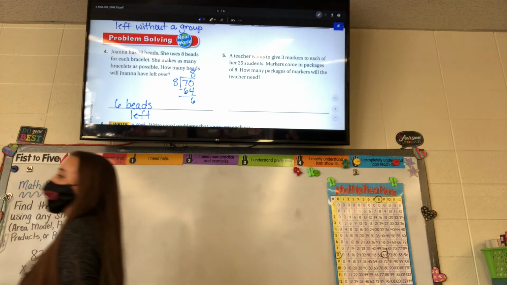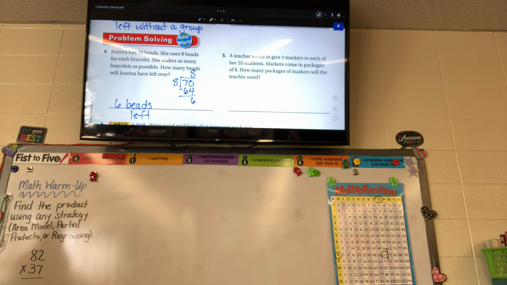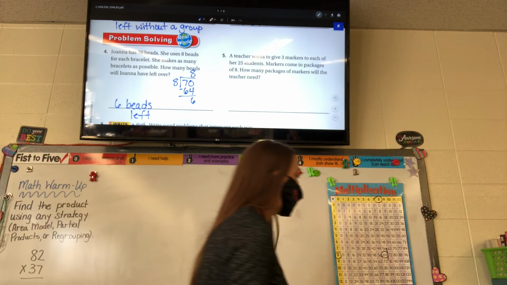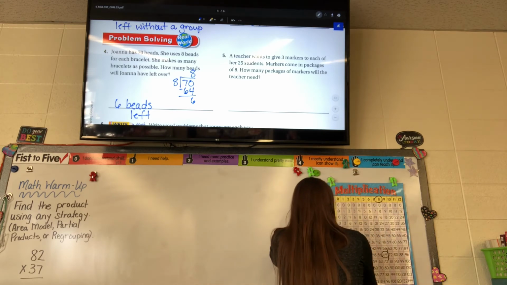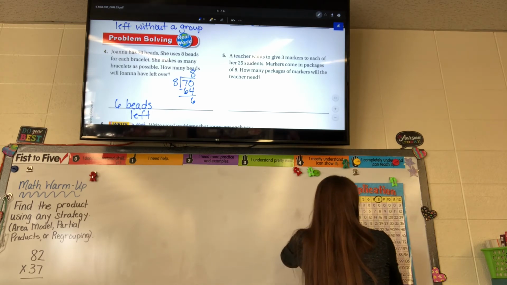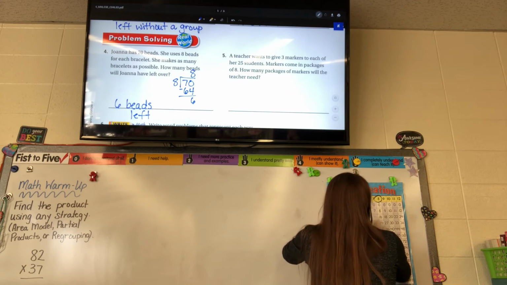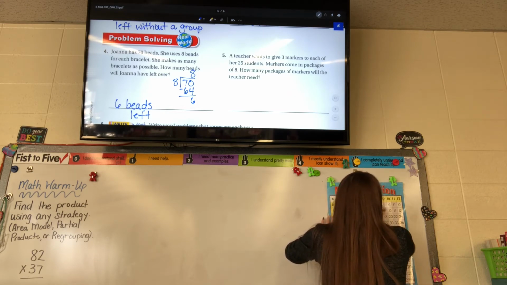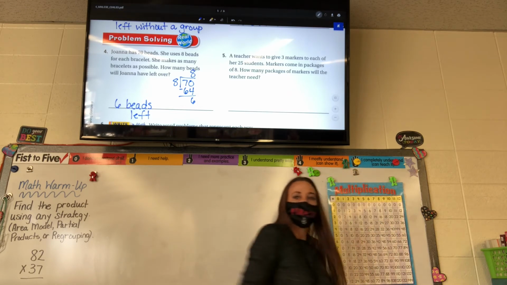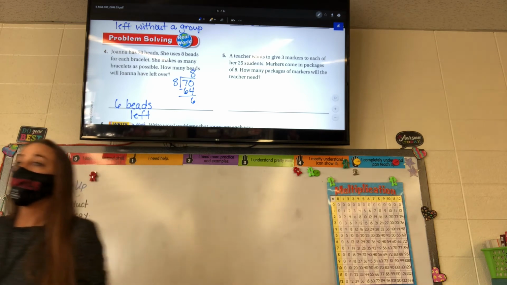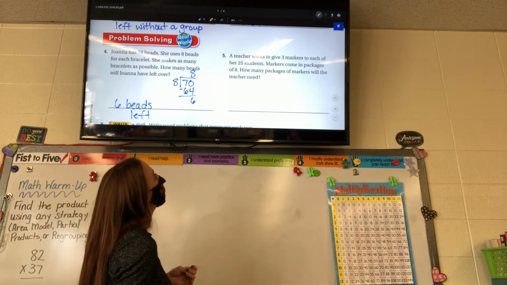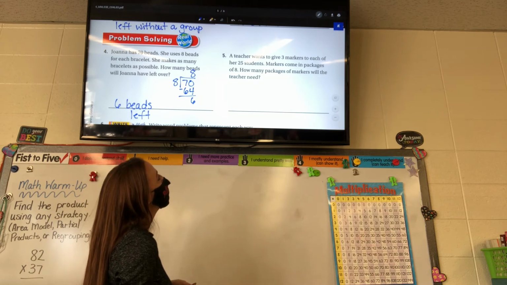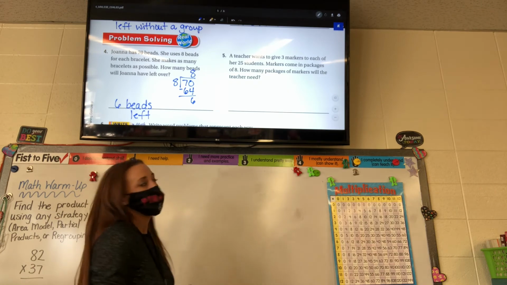But markers come in packages of 8, so she needs to figure out how many packages to buy, okay? First, she's got to figure out how many markers she needs. How can you figure out how many markers she needs? What do you have to do to find out how many? Multiplication. Landon, what do you multiply? What 2 numbers? 3 times 25.